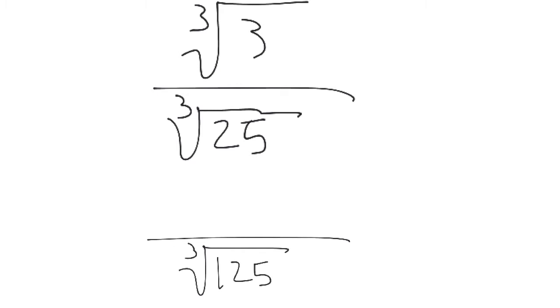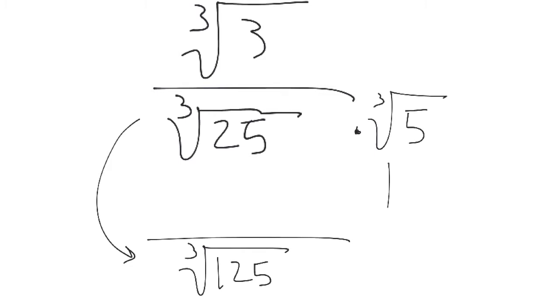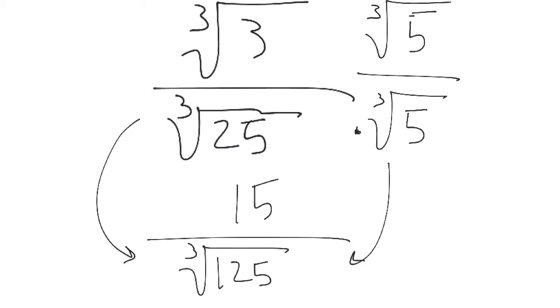So how do you go from this fraction to this fraction? You'd have to multiply by the cube root of 5, and then 25 times 5 is 125. What you do to the bottom, you have to do to the top. So let's multiply this by the cube root of 5. 3 times 5 is 15, so the cube root of 15.